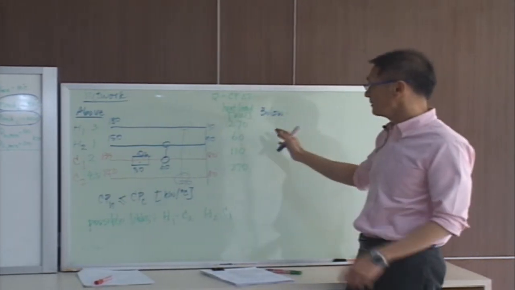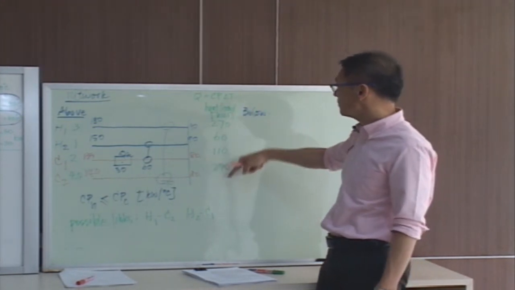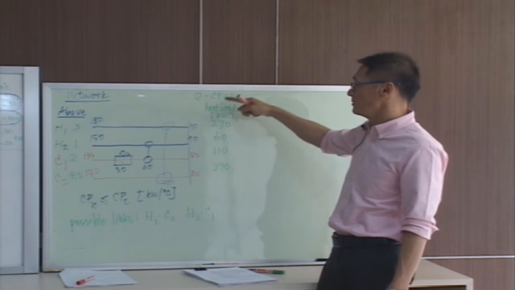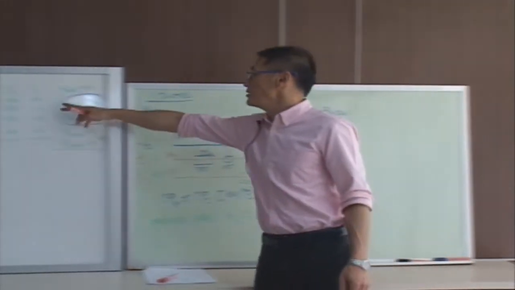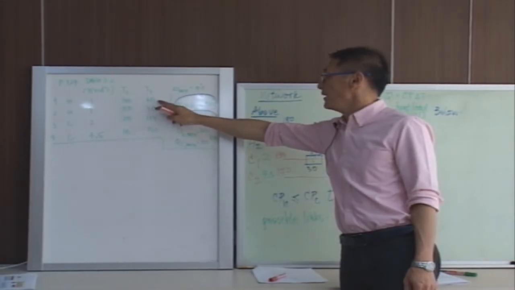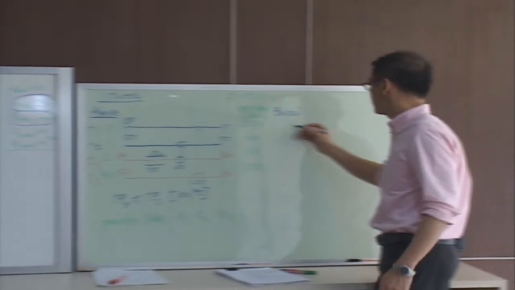Do the same thing. So we draw the line and find out the heat load on each stream. According to this, we draw the line until we meet the temperature at 60 degrees Celsius.